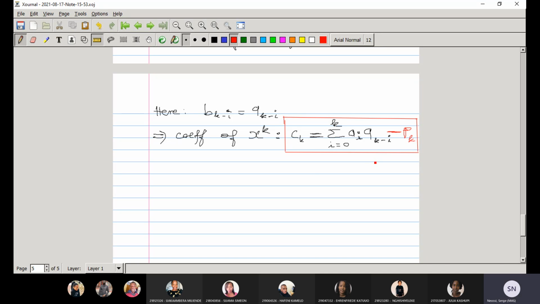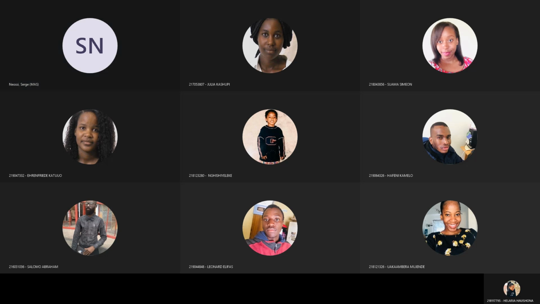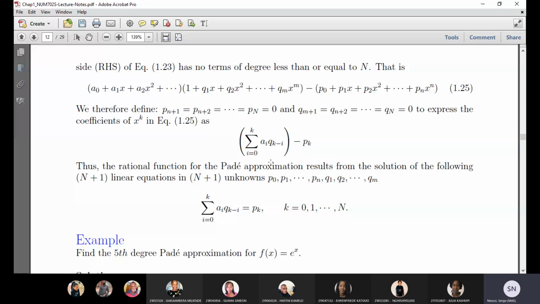This is what we'll get. So we can go back to our slide to see the system that we obtain at the end of the day, because that's what you will be using each time you solve a problem related to the Pade approximation. That's what you get, and you see, this is exactly what we found.